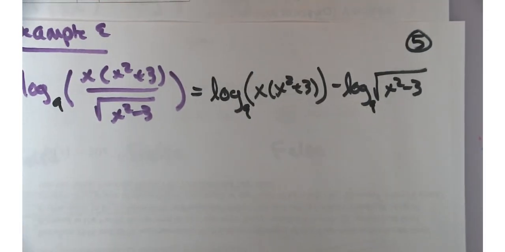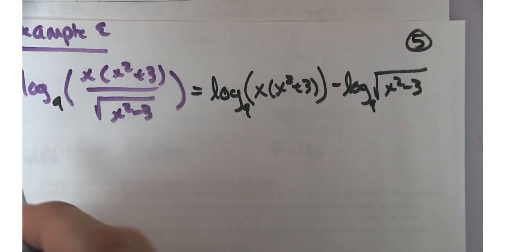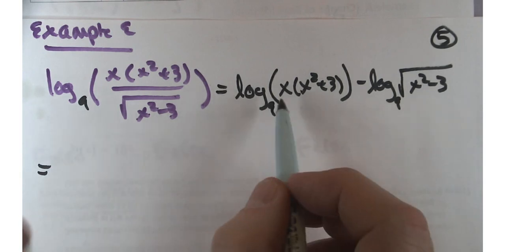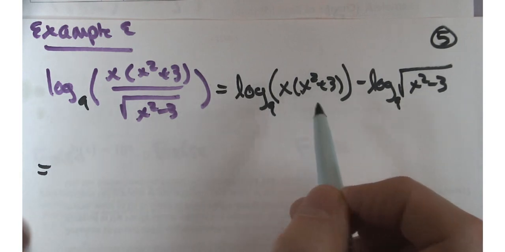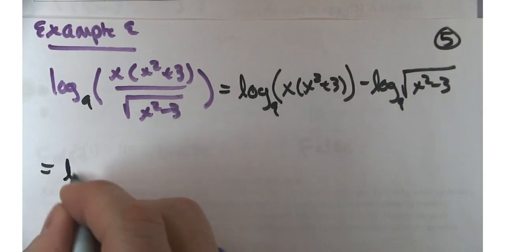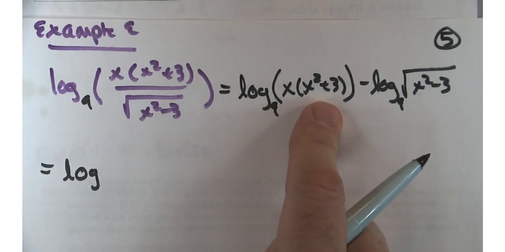Neat. Is there anything I can do with this term here? Well, actually, it is factored already. We could distribute, but then we'd have to undistribute. We'd have to factor it out in order to proceed. So let's just work with it as is. Is there anything that I can do to simplify this, or to break it up?